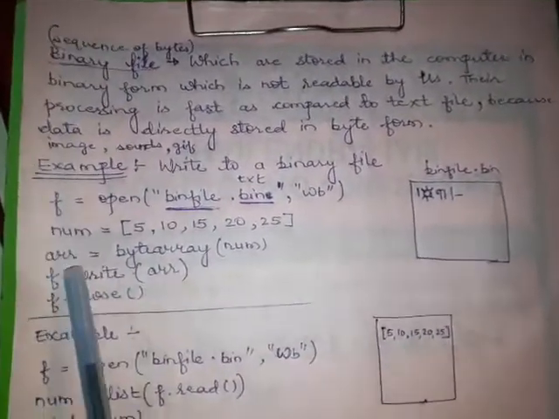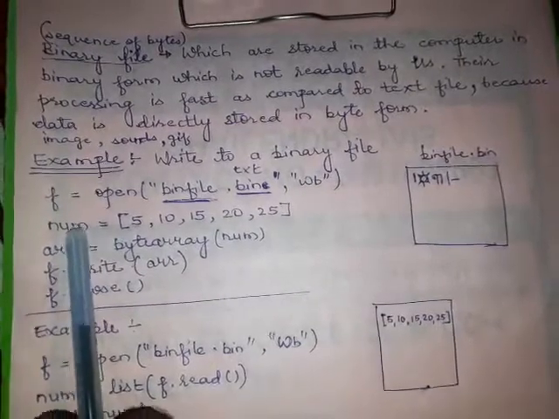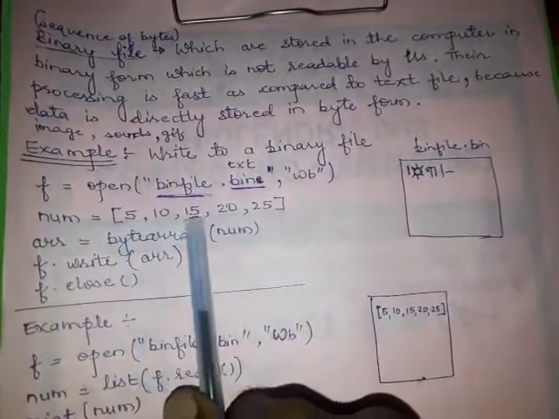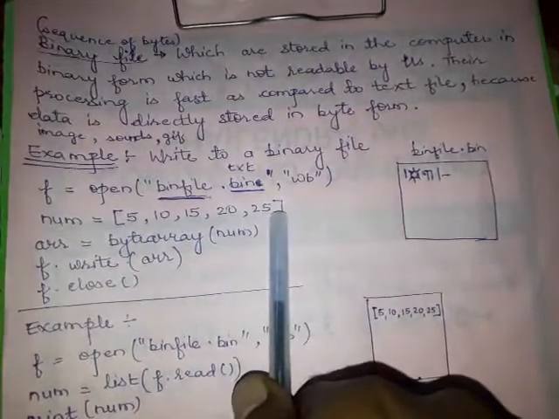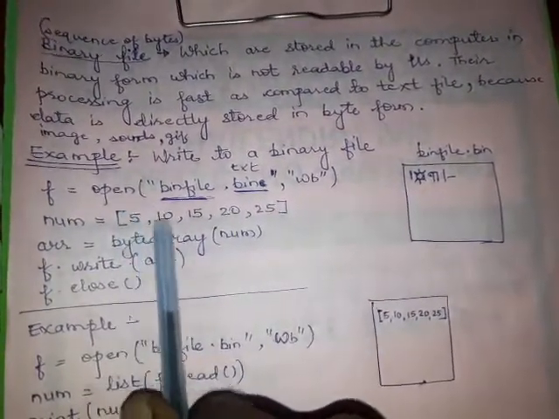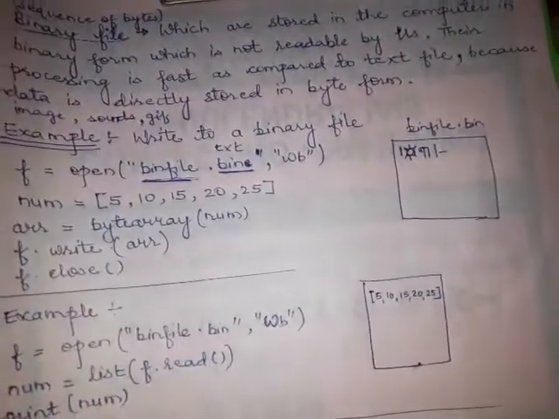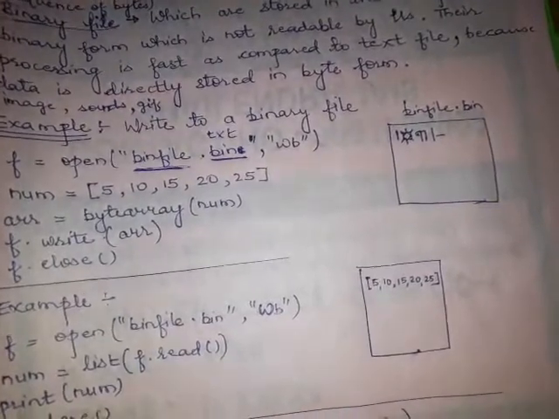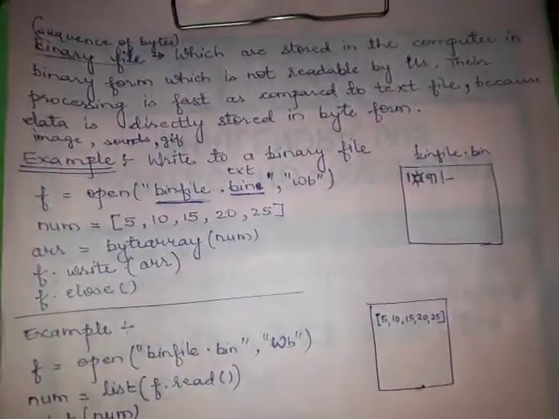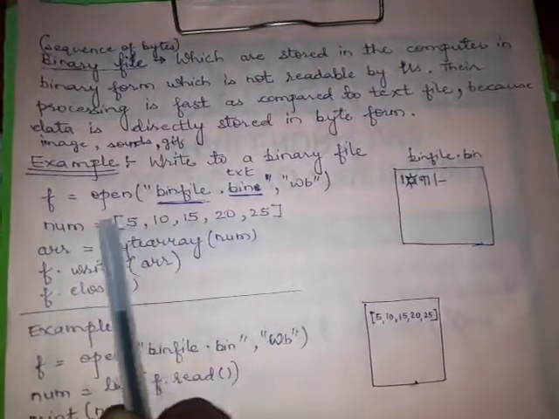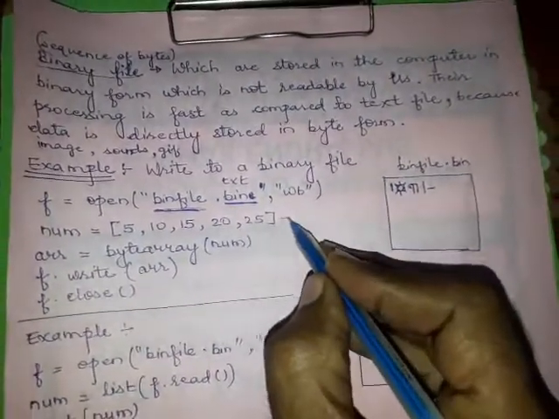Now I am initializing a list. The contents of the list are 5, 10, 15, 20, 25. Now the binary file will not directly write this list, because it wants the data in the form of byte format. This is a Python object.